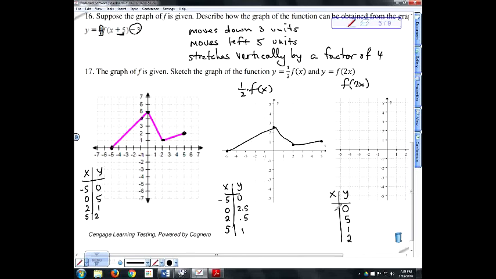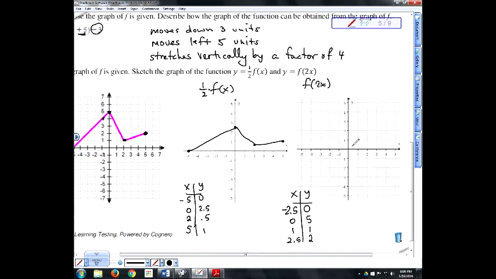Rather than multiplying the x values by 2, they are cut in half. So the graph has the same vertical component, so it's the same height, it's just the width has changed.